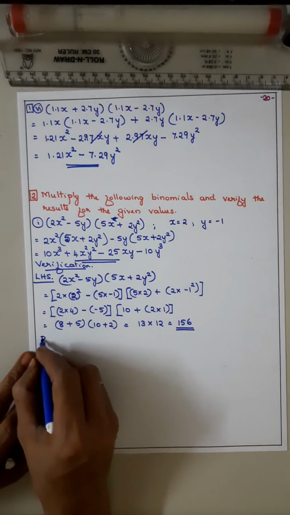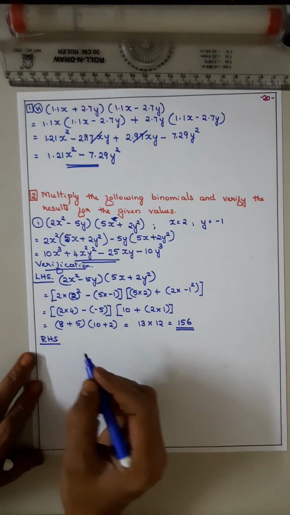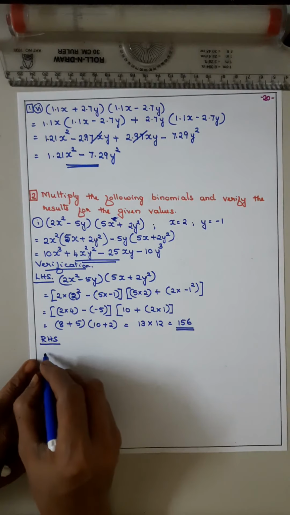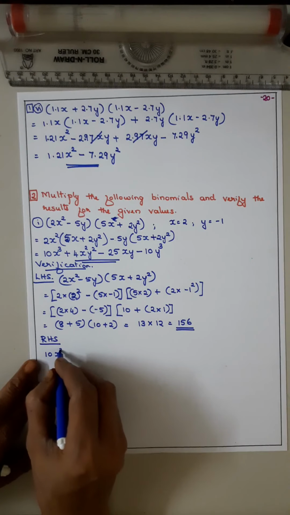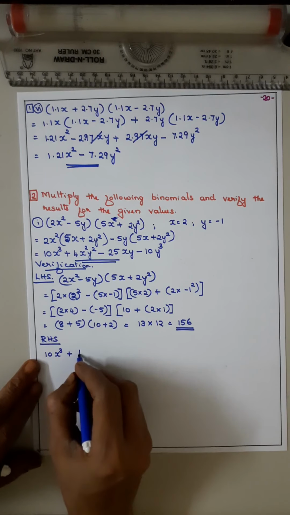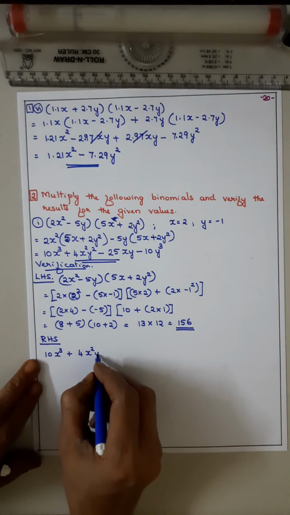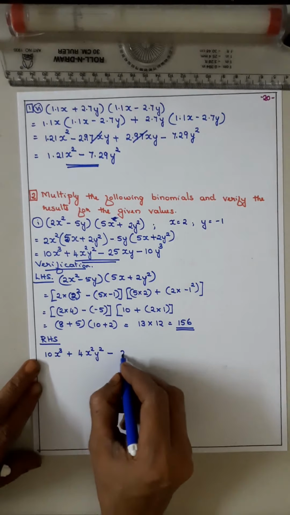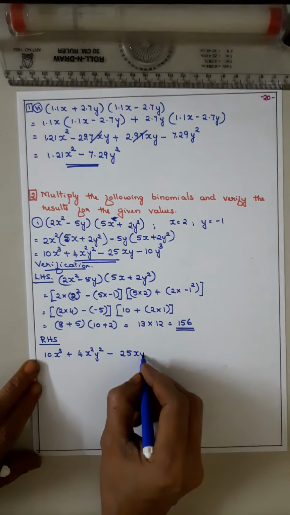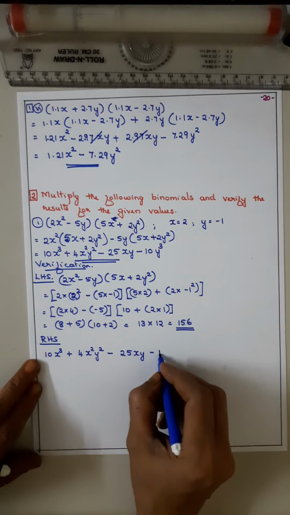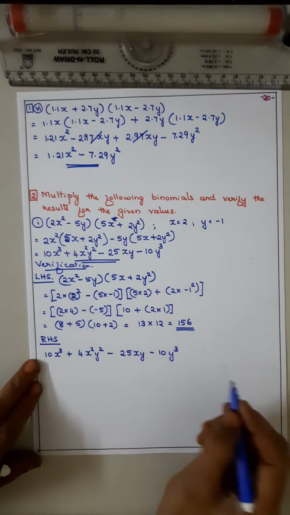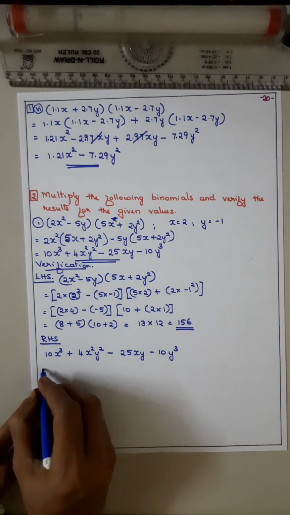156. Now coming to RHS, the answer whatever you got, it is 10x cube plus 4x squared y squared minus 25xy minus 10y cube. Okay, put the values.